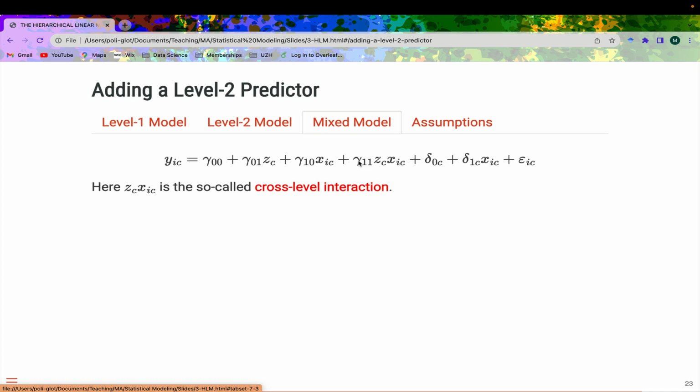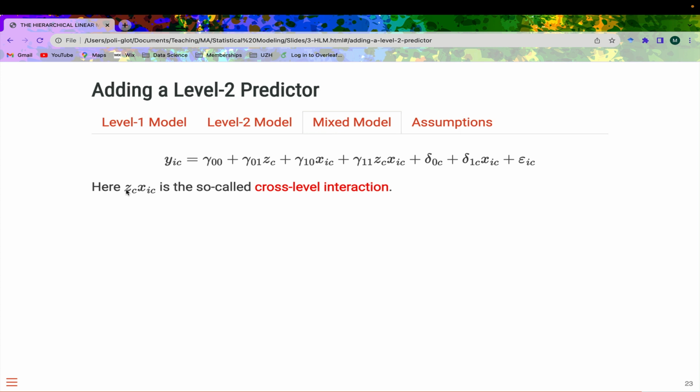This term here, ZC times XIC, is what we know as the cross-level interaction. It's an interaction because it's a product of two variables. It's cross-level because X is an individual level attribute, whereas Z is a country level attribute.